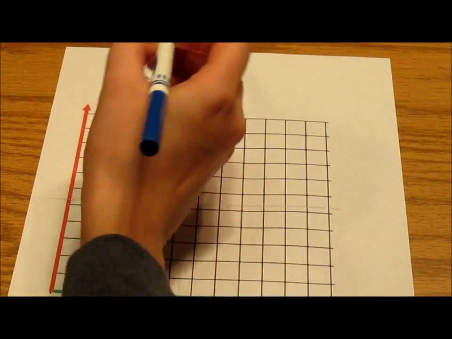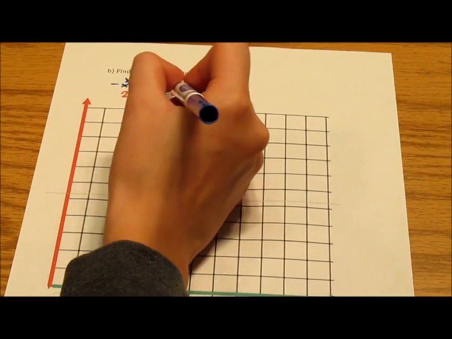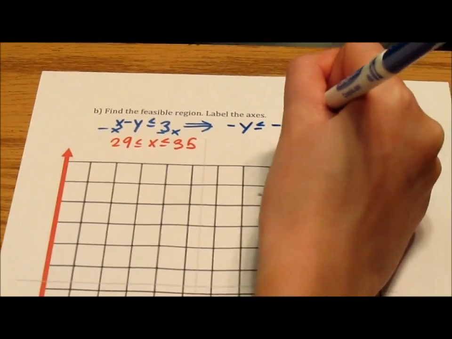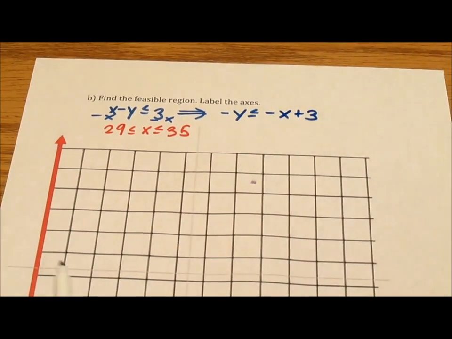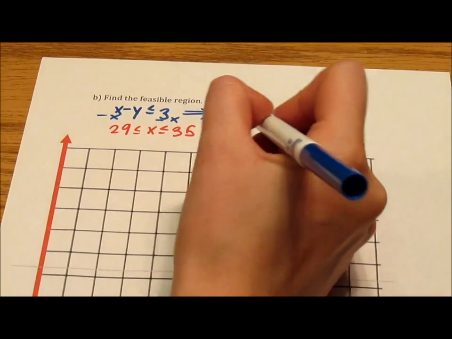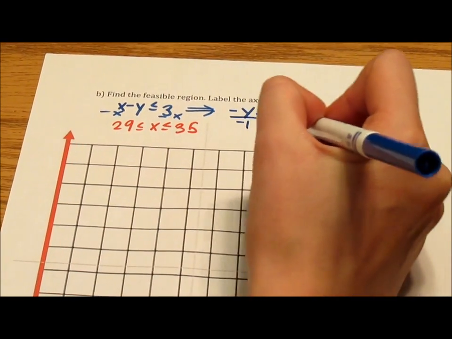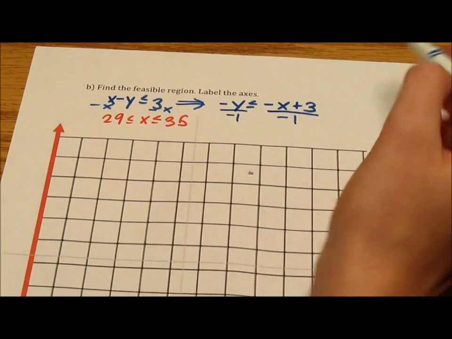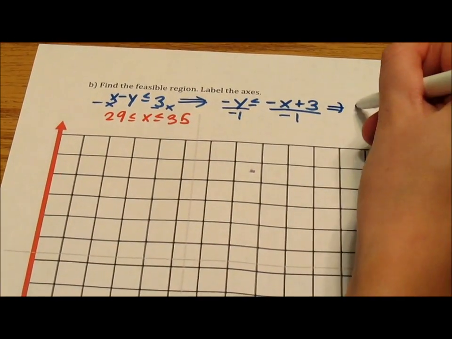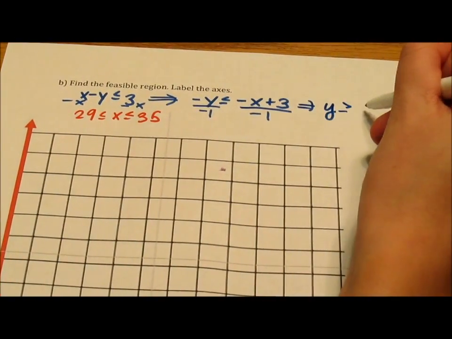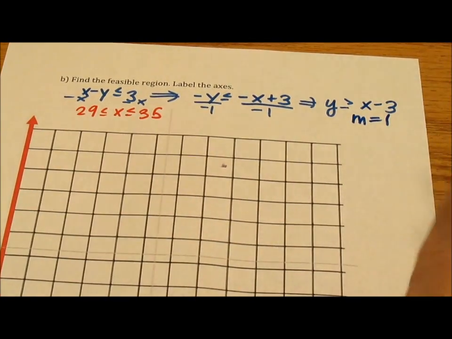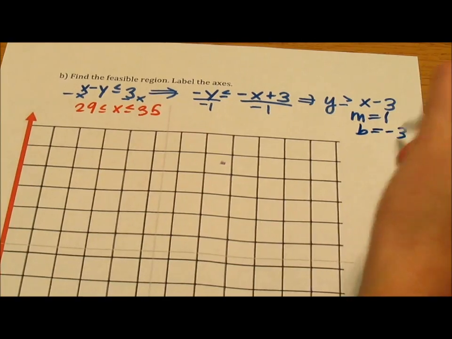So I can subtract x from both sides. And then I have to get y on its own, so I divide by -1. And with inequalities, if I divide by a negative number, I have to flip my symbol. So this changes into y is greater than or equal to x minus 3. And my m is 1, and my b is -3.